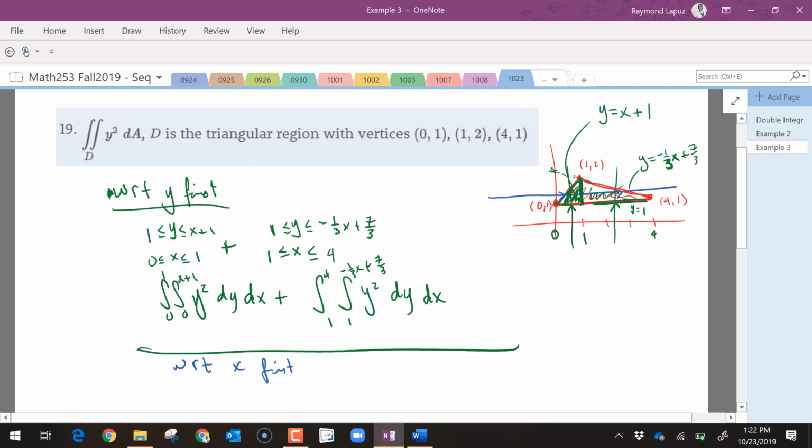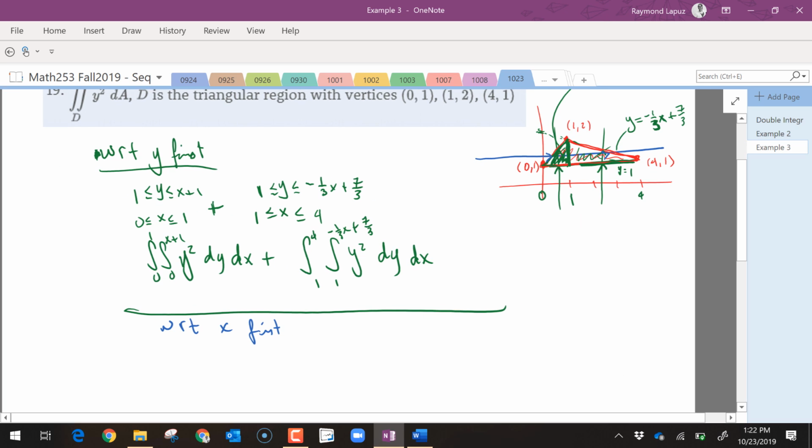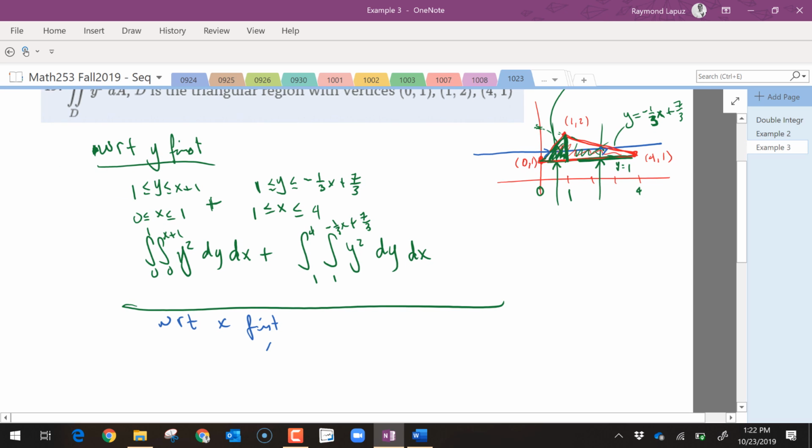And regardless of where we drew this line, we would always enter the same function and exit the same function. So with respect to x first, we will need an x function or a couple of x functions, the lower and the upper.